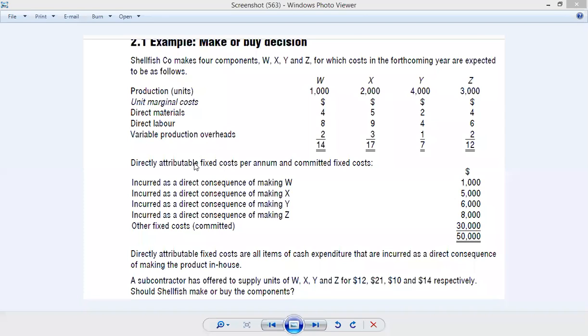Here we start with the same procedure. So W, X, Y, and Z. Don't forget the currency.